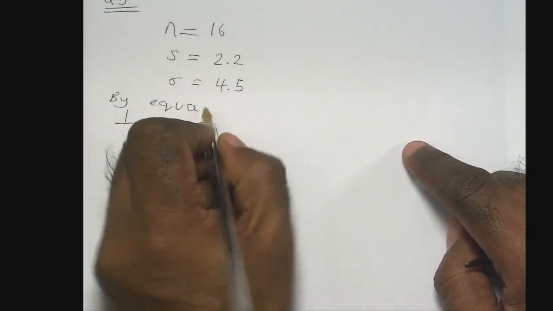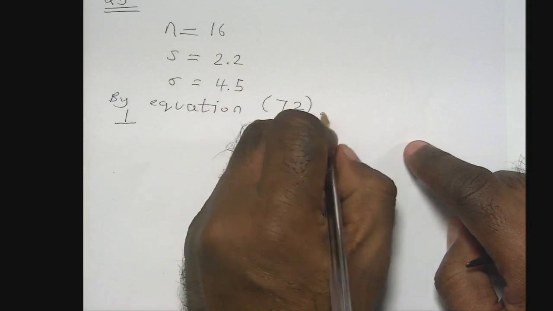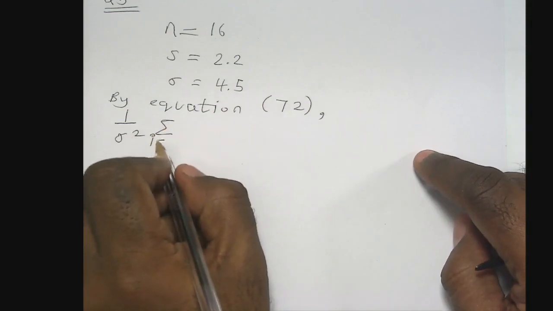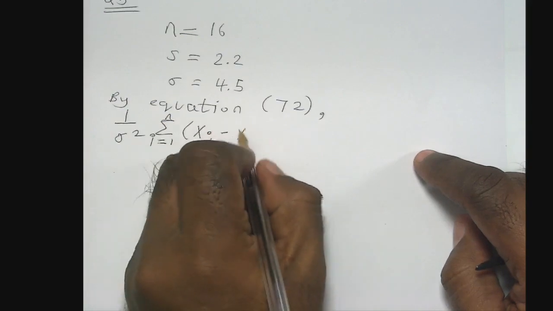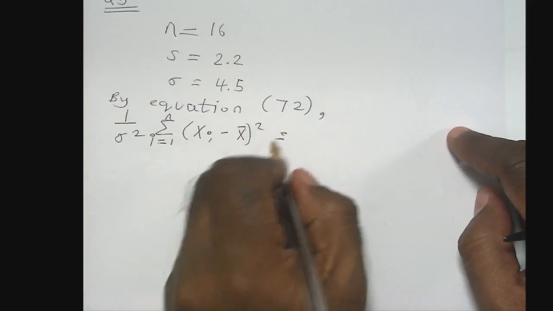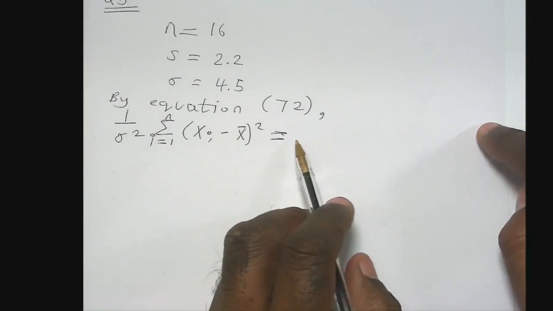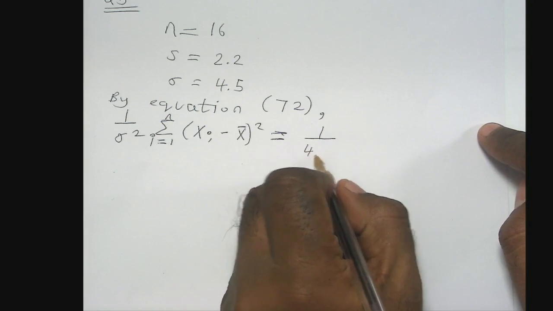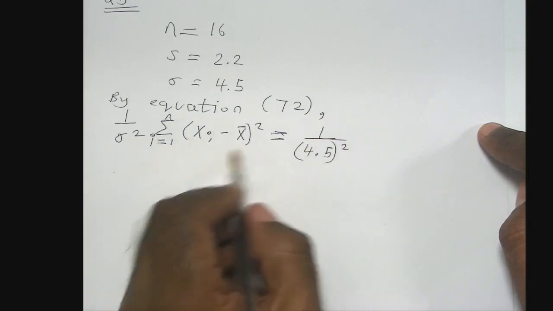By equation 72, this must be equal to what? Now can you tell me what this is equal to, guys? 1 divided by 4.5 squared. Now what is this guy equal to?